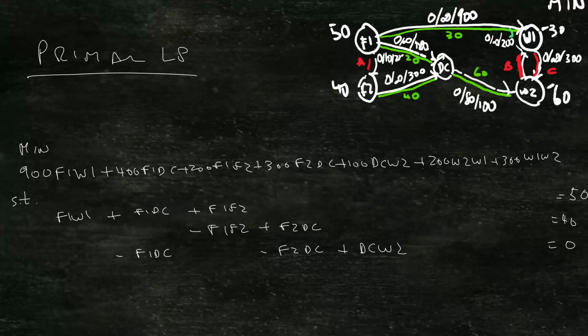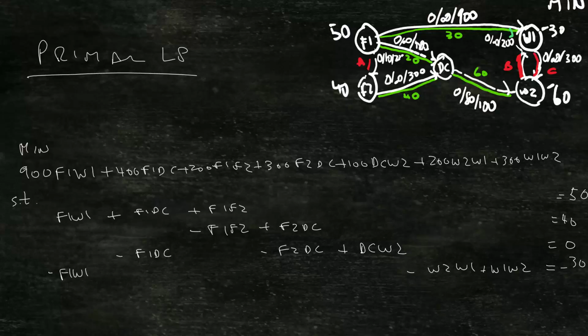Next thing is we're looking at W1, let's say. So we're going to have minus F1W1 minus W2W1 plus W1W2 has to be equal to minus 30.